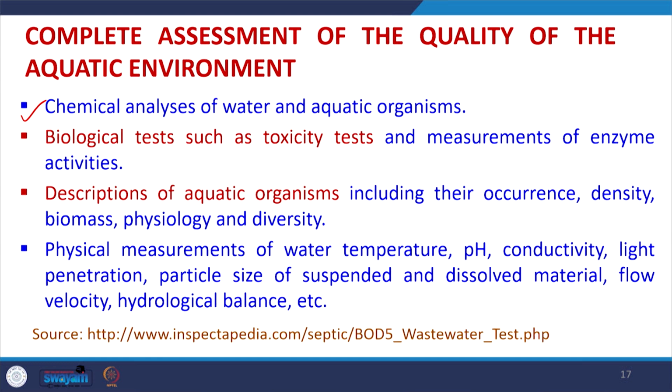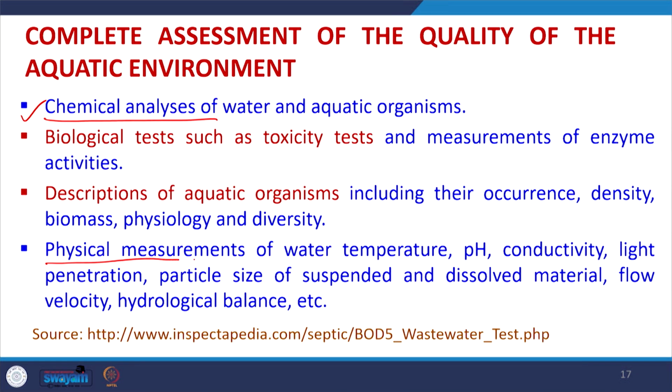So, we have to perform a chemical analysis of water and aquatic organisms present in the sample. Then the biological tests such as toxicity test and measurements of enzyme activity have to be performed, but generally sometimes these tests are not done for regular water, but for some water samples we have to determine the toxicity test, enzyme activities etc. also.